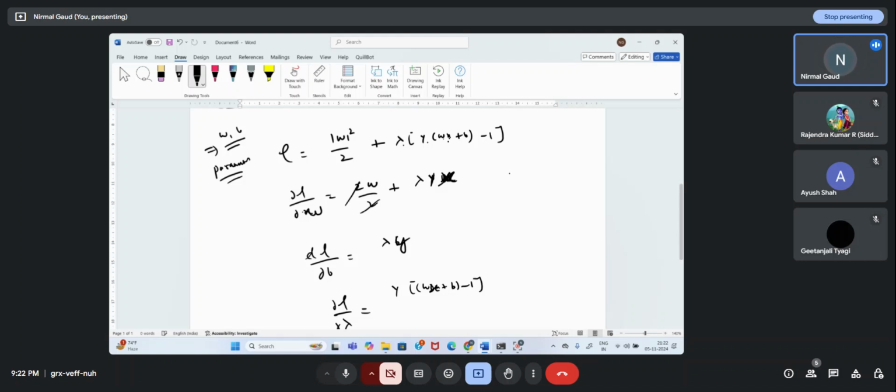This is what I will get, because this will become 0 while partially differentiated with lambda. So if lambda is differentiated, the rest of the entire term will be left. And if I put this thing to 0, you're not going to get the results. You can't directly claim that x equals this, y equals this, lambda equals this.